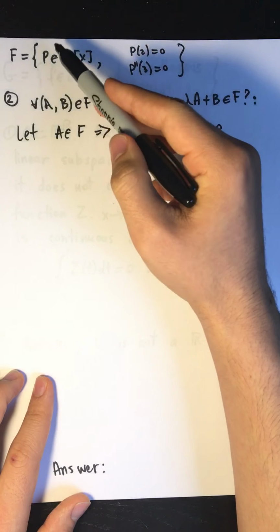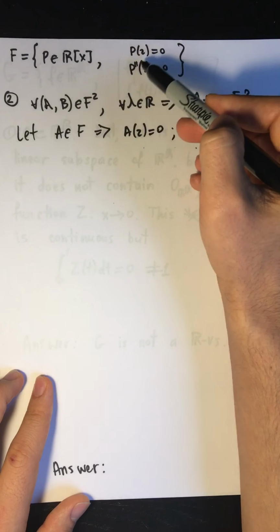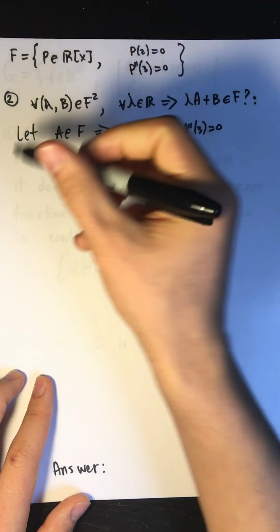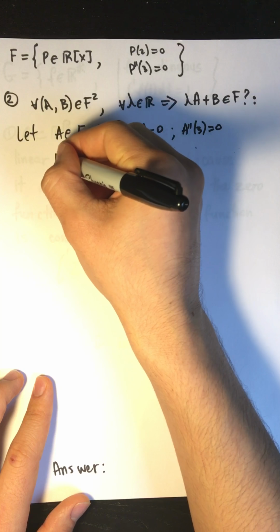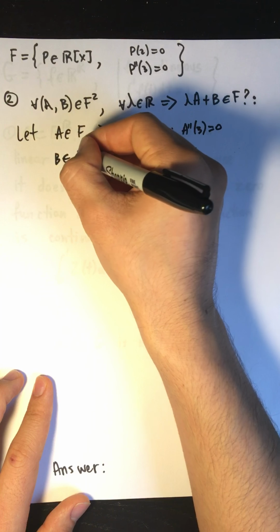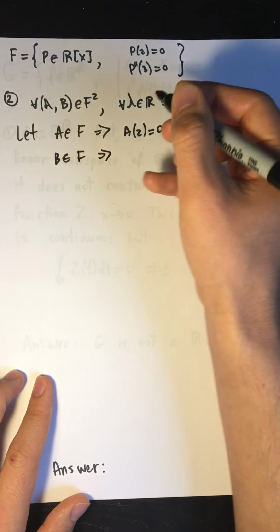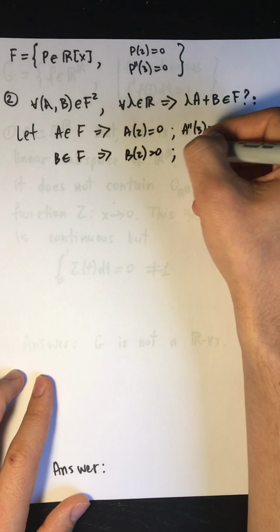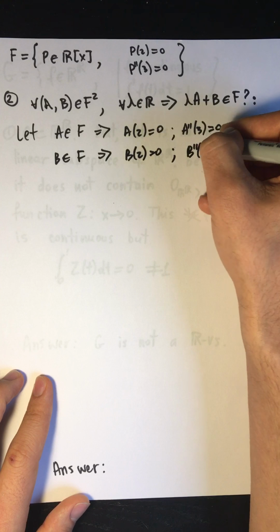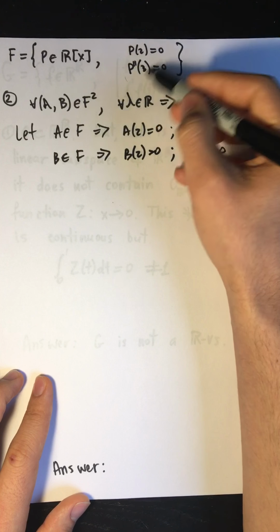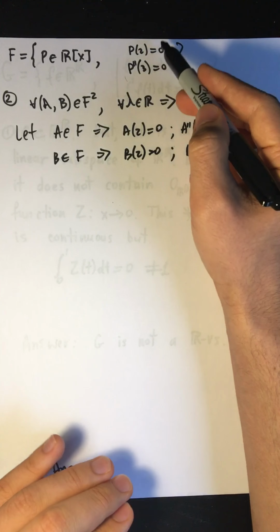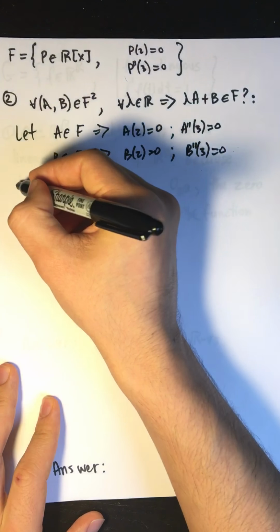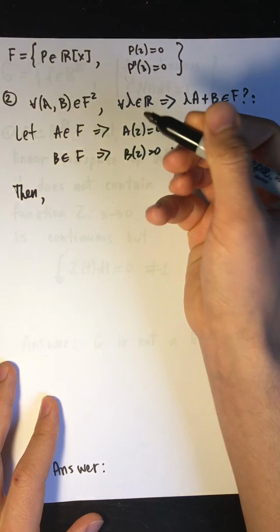Why? Because of the definition: P(2) and P''(3) equal 0. Then let b be in F, which means b(2) is 0 and b''(3) is 0. You always have to use this definition.